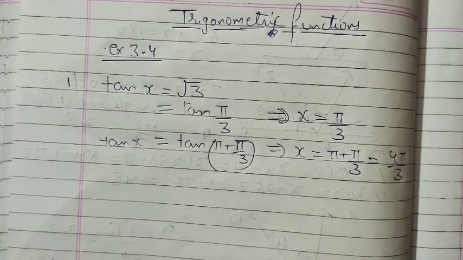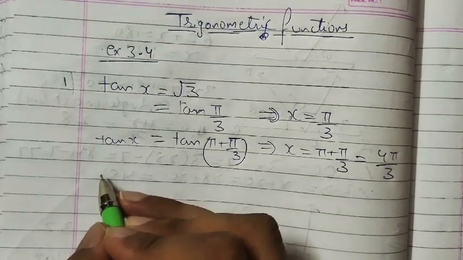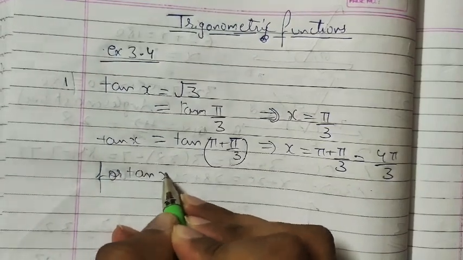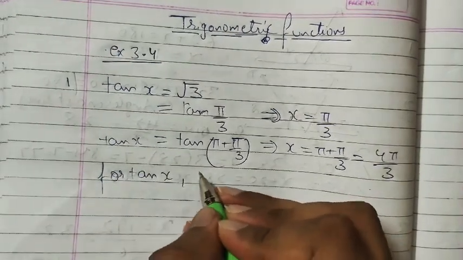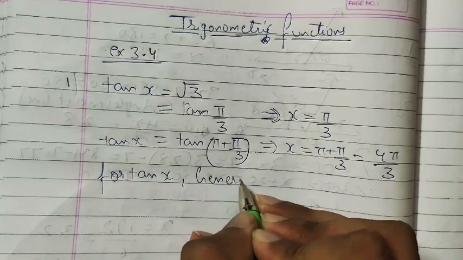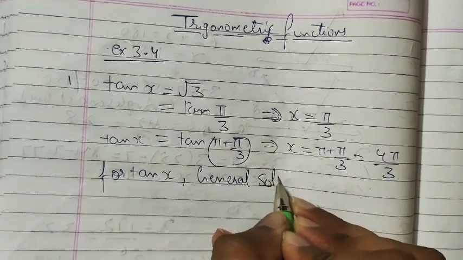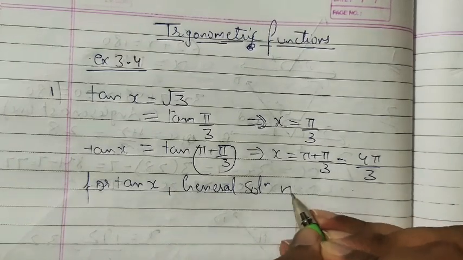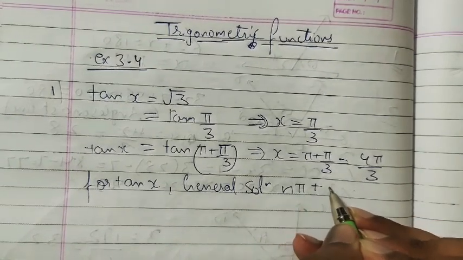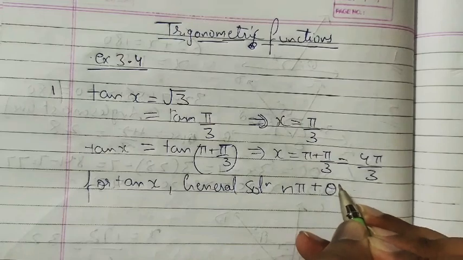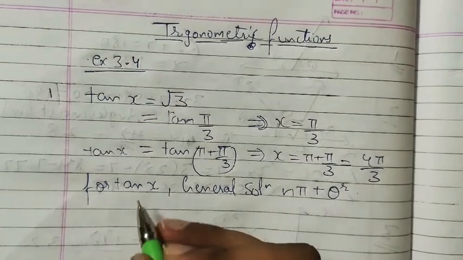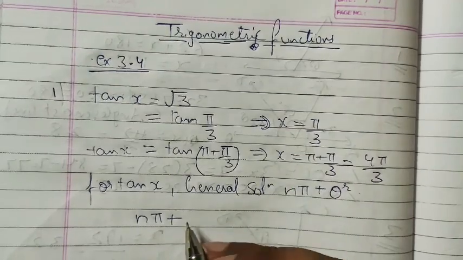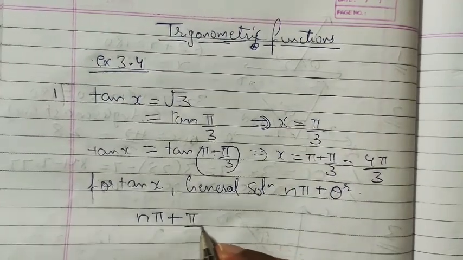Now general solution of this will be for tan x, general solution will always be equal to n pi plus whatever the value of theta is, theta in radian, right? So here n pi plus x is equal to pi by 3, so pi upon 3.